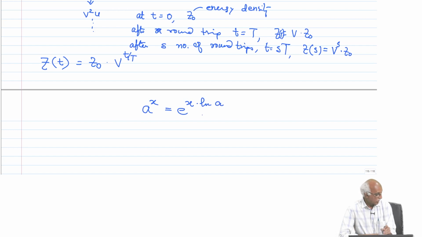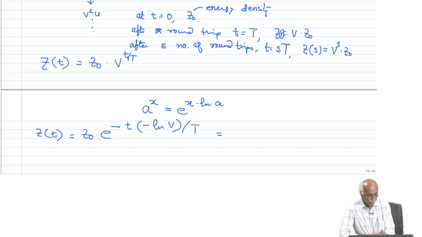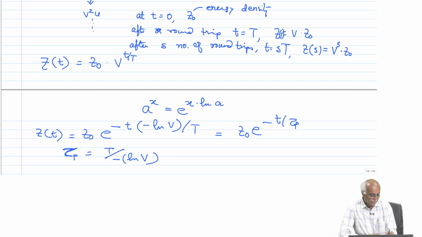Like this we can write z(t) as z0 e raised to minus t into log of V divided by T. So z is equal to z0 e raised to minus t divided by tau p, where tau p is T divided by minus log of V, correct.